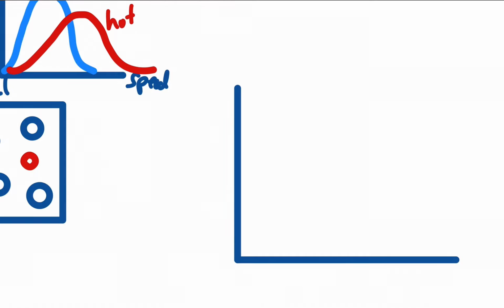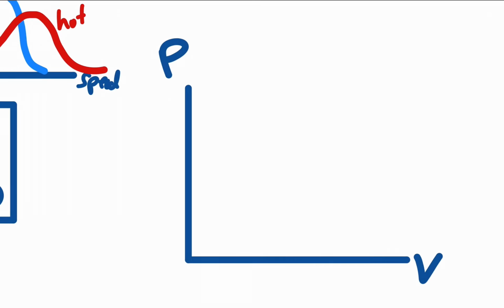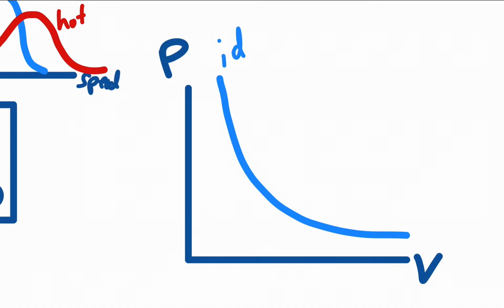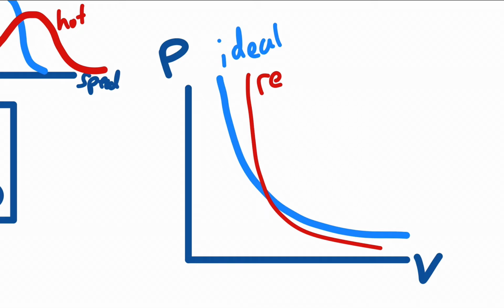We would normally look at, let's say, a pressure versus volume, which is an inverse relationship, and it looks something like that for an ideal scenario. But a real case would look something like that. And what this curve shows is that as you increase the pressure of a sample of gas, the measured volume is not going to be as small as you think.